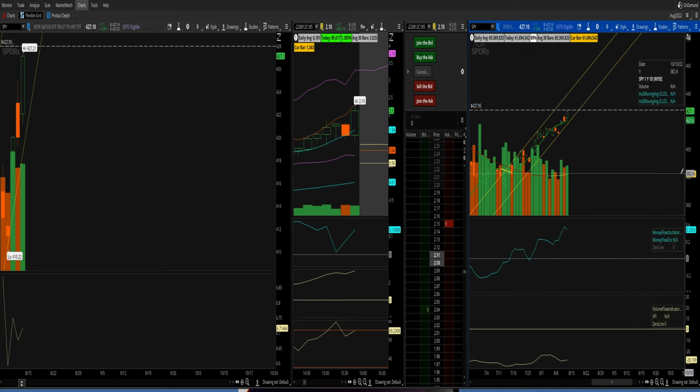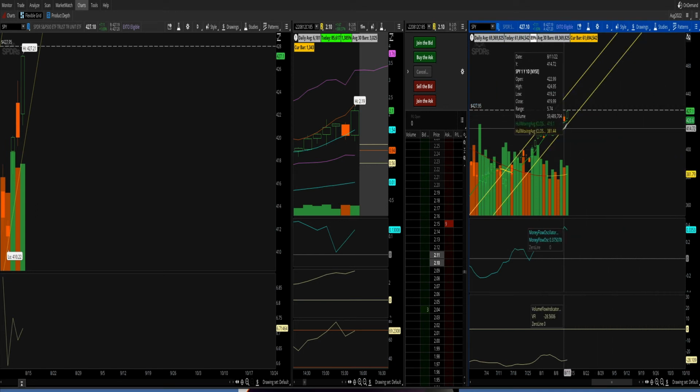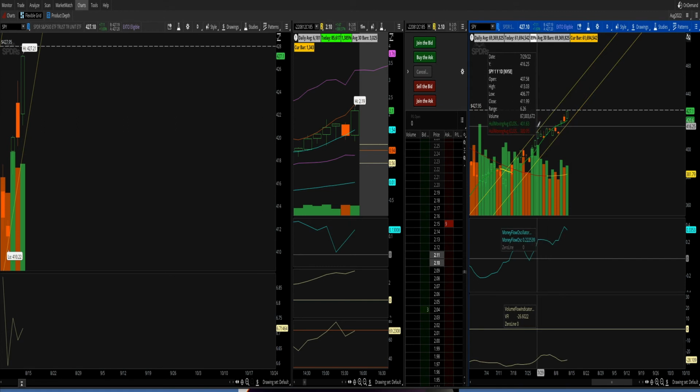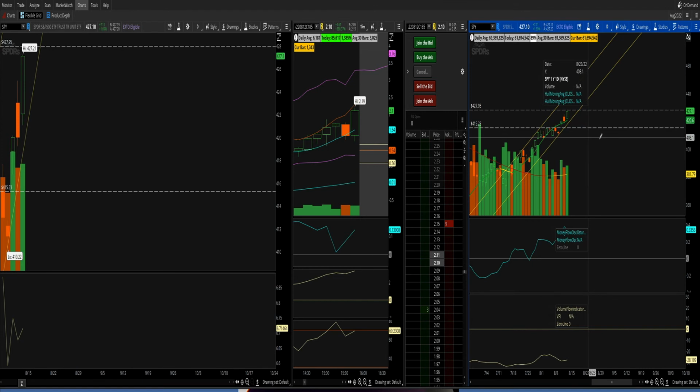This could possibly be the next resistance point because we could trade from 415 to 427. We could trade back and forth in this channel, and this could be consolidation, or it could break out, depending on what the money flow oscillator does and the volume flow indicator.